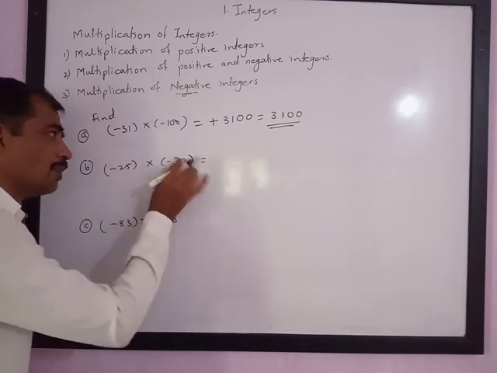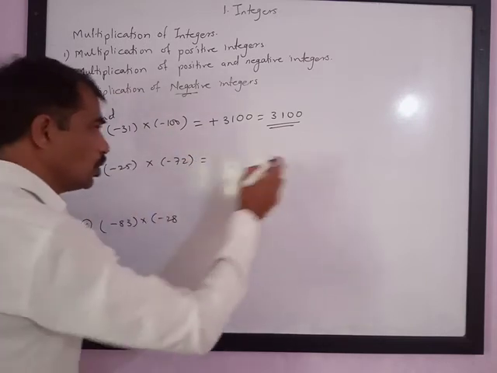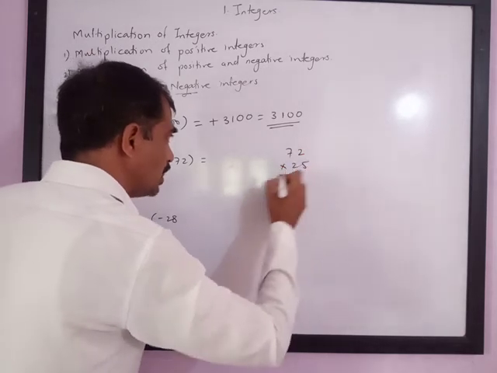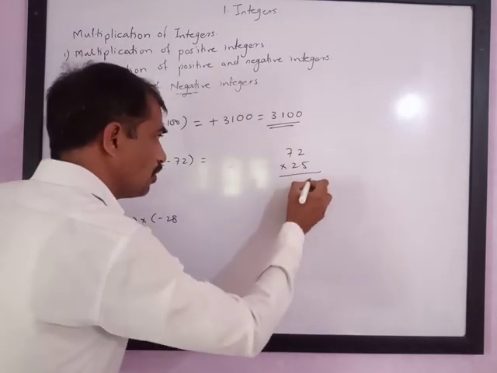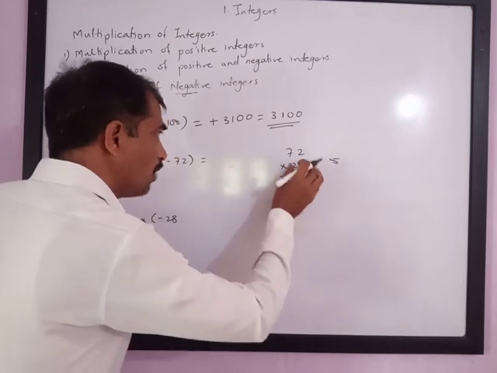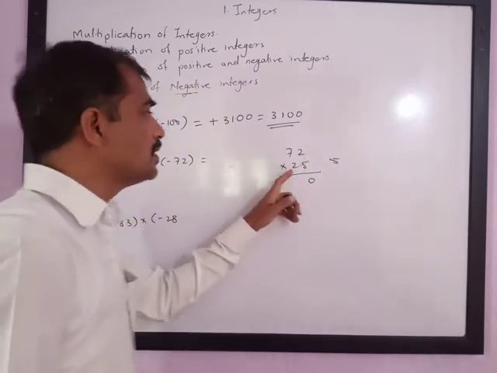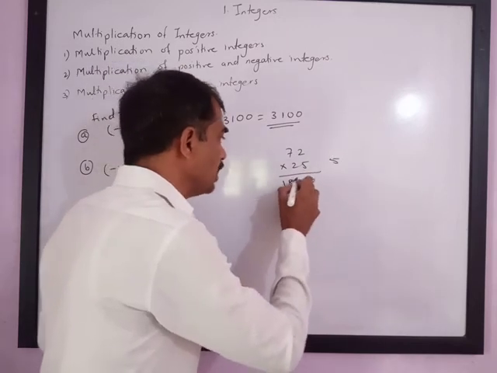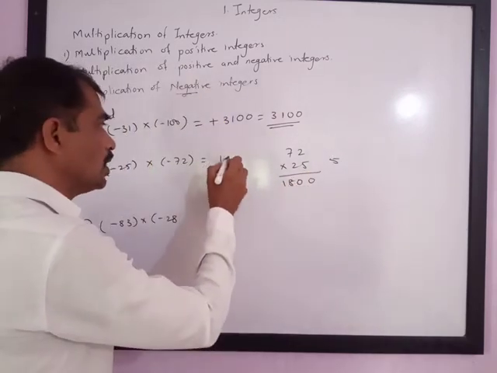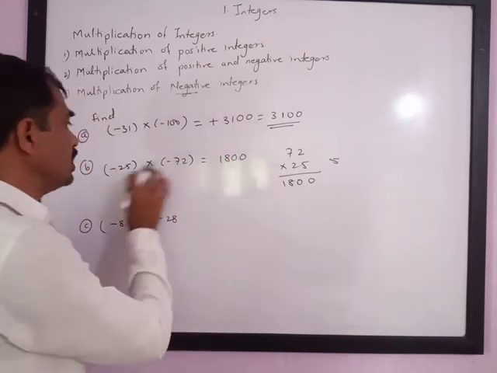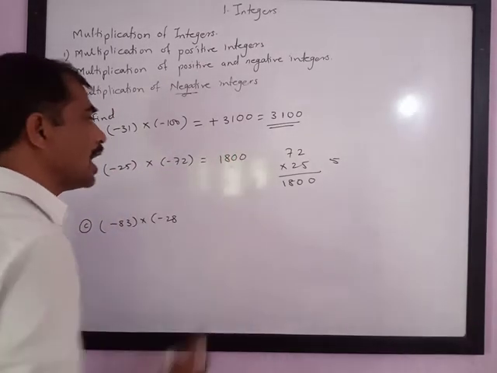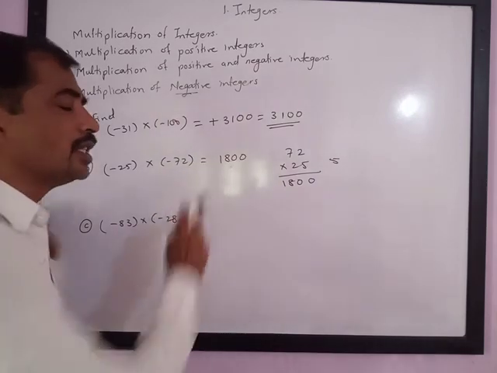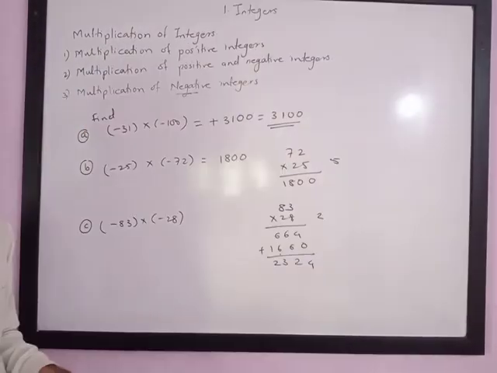That is 25 multiplied by 72. 25 twos are 50, 5 carries, 25 sevens are 175 plus 5 is 180. So this is equal to 1800. Two integers are having a negative sign, hence the answer will be positive. Give the positive sign, or even if you don't give, it is considered as positive.